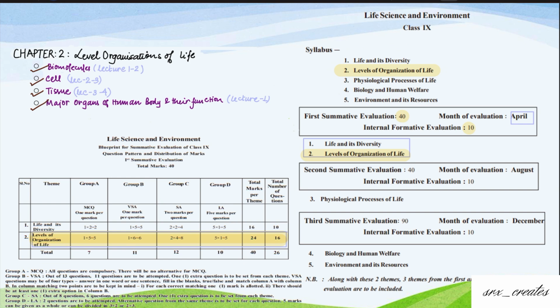What's the basic theme of this chapter? In this chapter we are going to deal with the basic level. In our previous chapter we have already dealt with life, how it originated, its basic properties, and biodiversity, the classification, how a variety of species are classified into animal kingdom, plant kingdom, their subdivisions, etc. Now in this chapter we are going to deal with how they are organized, their biological features, the basis.